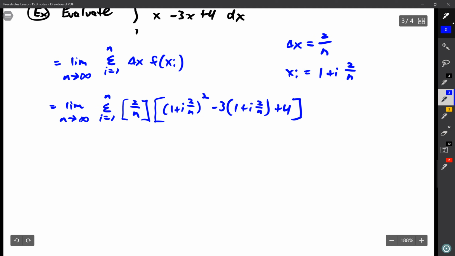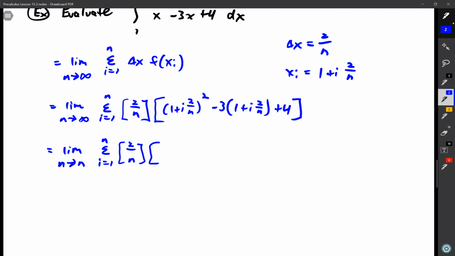Okay, let's start to do some simplifying. Equals the limit as n approaches infinity of the sum from i equals 1 to n of, I'm going to leave this 2 over n out front for a while. And let's see what I get here. Well, when I square this chunk, I get 1 times 1, so that's 1, plus 1 times i 2 over n plus another 1 times i 2 over n.